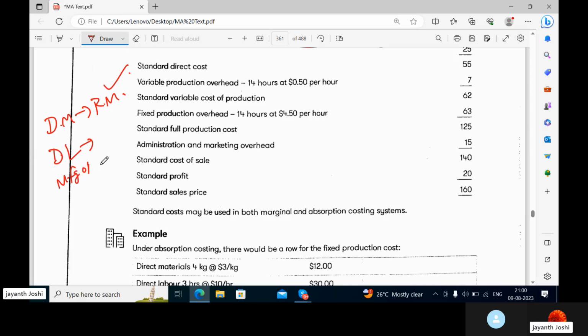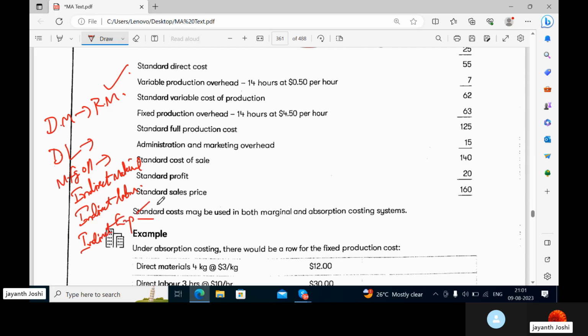Now, when it comes to manufacturing overheads, you will take indirect material, indirect labor, and indirect expenses.